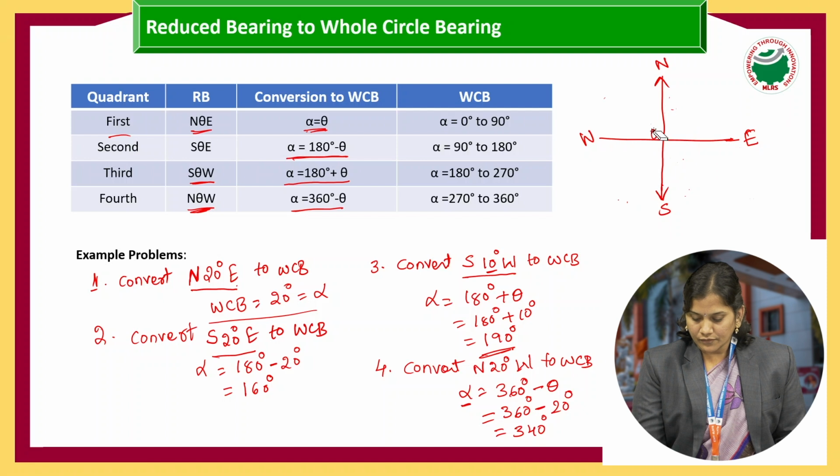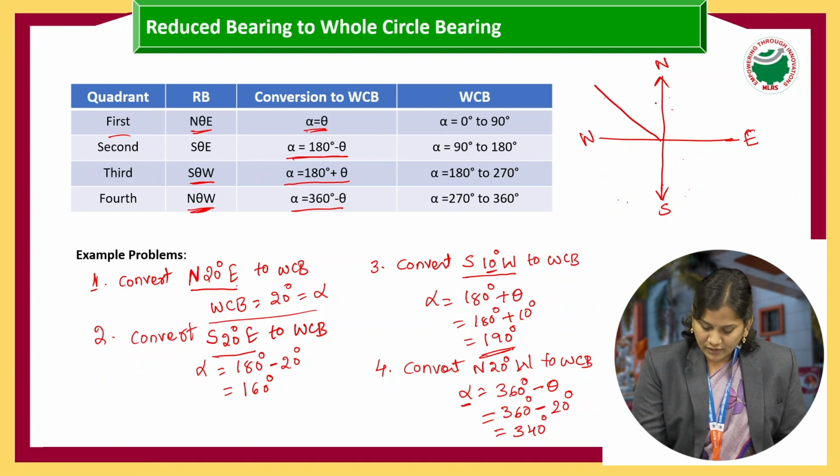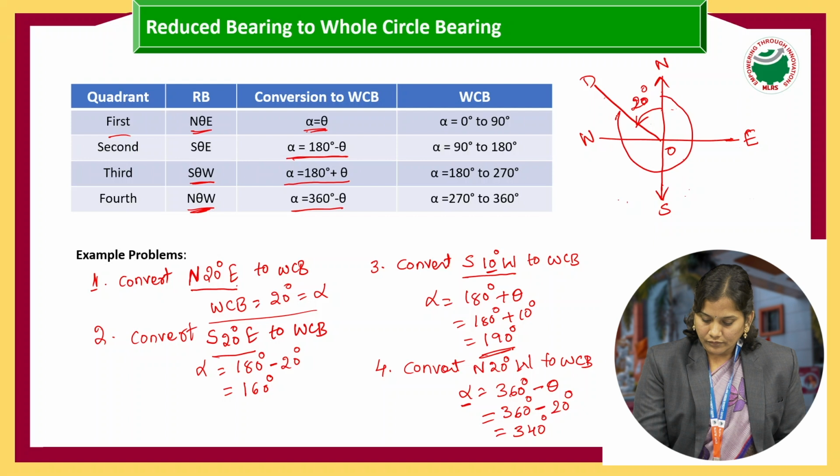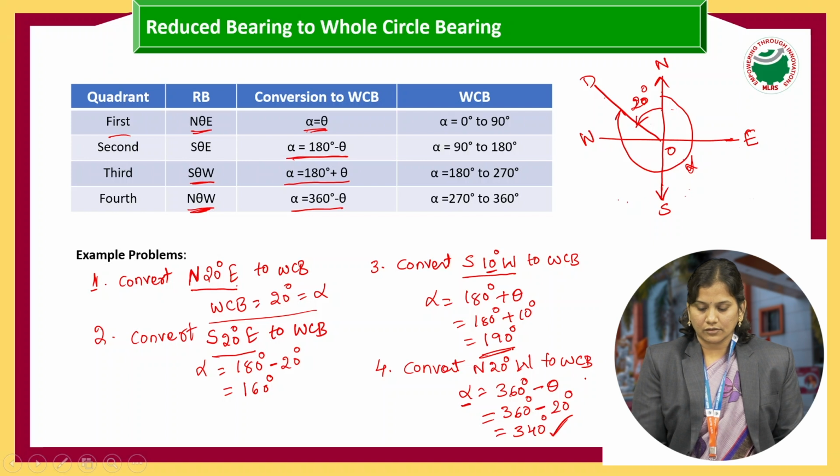I'll represent it in this figure. North towards west, this line OD is in the fourth quadrant and this is 20 degrees. How do we measure the whole circle bearing? From north in clockwise direction. This is alpha, and we got 340 degrees.